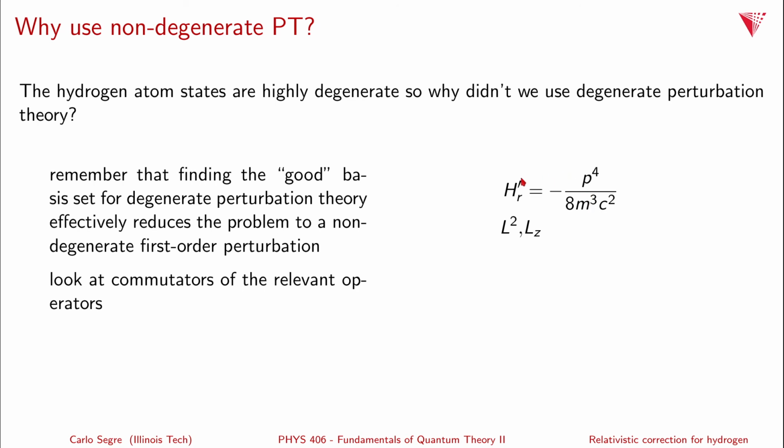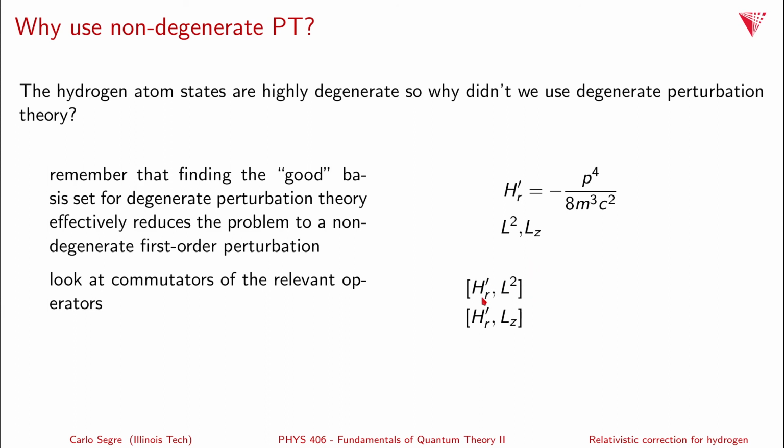So if we look at the commutators of all the relevant operators, the question we want to ask ourselves is, does L squared commute with H sub r prime? Does L sub z commute with H sub r prime? But this is basically the kinetic energy operator squared with some constants involved. And so, in fact, it does commute.